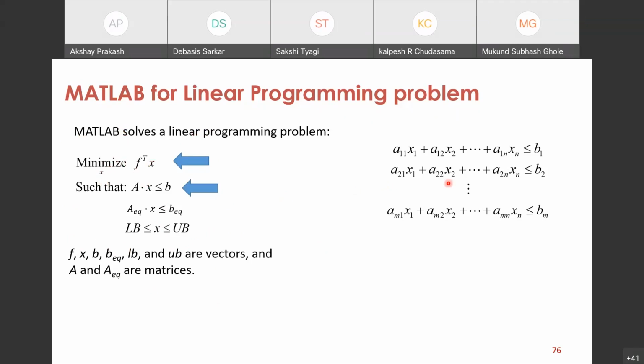So F transpose X. Here we call it C, the coefficient of the objective function. If the objective function is say x1 plus 2x2, this F is 1 and 2.